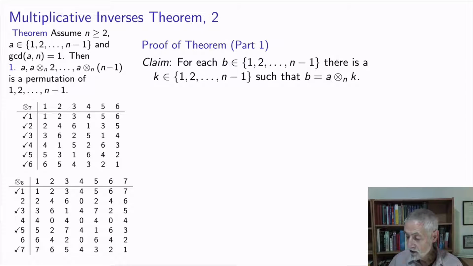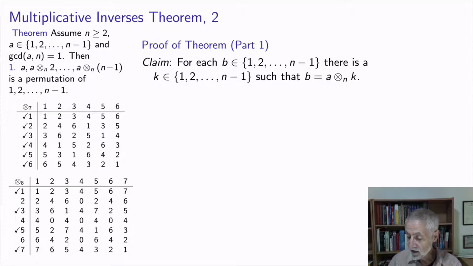The result is that if I consider any mod n multiplication table and any a between 1 and n minus 1, such that the greatest common divisor of a and n is equal to 1, in other words, such that a and n have no common factors, then the row corresponding to a is a permutation of 1 up to n minus 1.